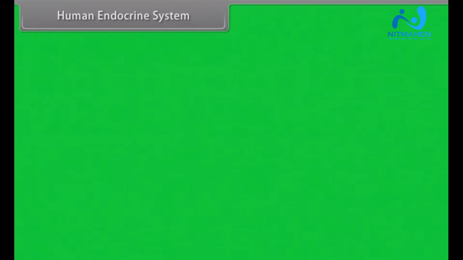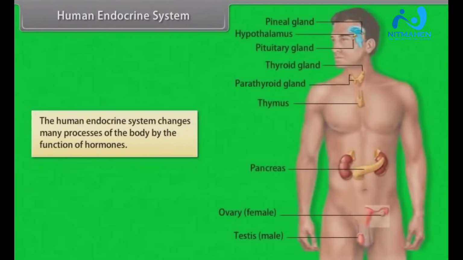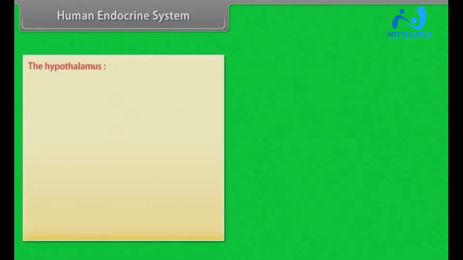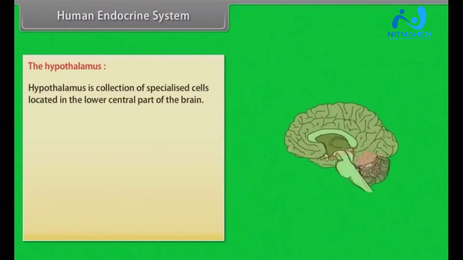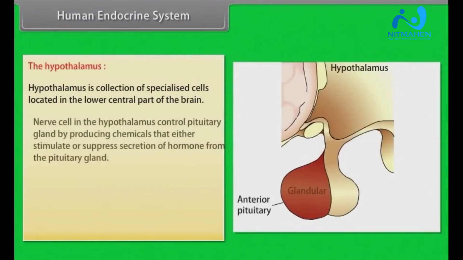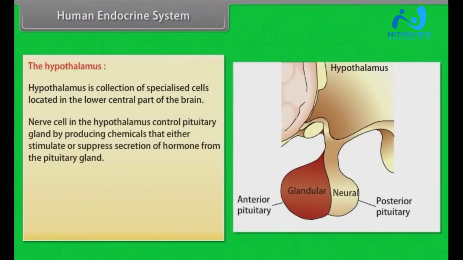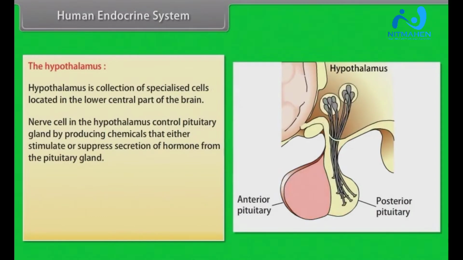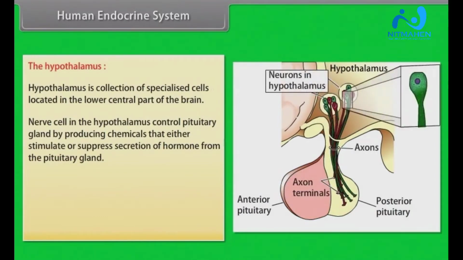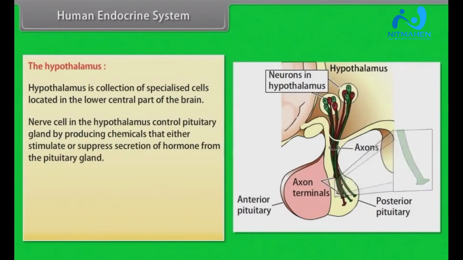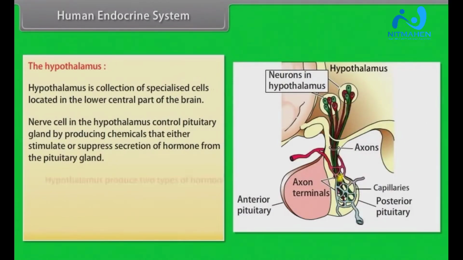Human endocrine system. The human endocrine system changes many processes of the body by the function of hormones. The hypothalamus. Hypothalamus is a collection of specialized cells located in the lower central part of the brain. Nerve cells in the hypothalamus control the pituitary gland by producing chemicals that either stimulate or suppress secretion of hormones from the pituitary gland.